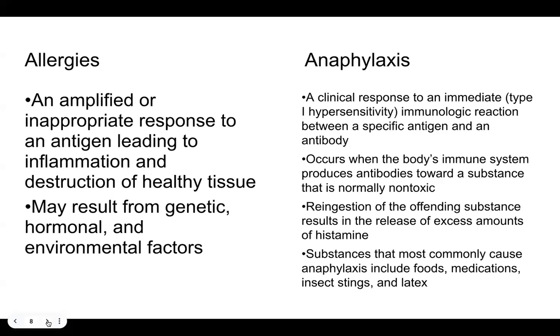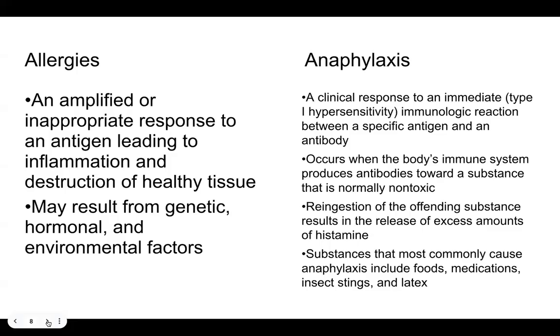Anaphylaxis is a clinical response to an immediate type of hypersensitivity, the immunologic reaction between a specific antigen and an antibody. That's basically what it is. It occurs when the body's immune system produces antibodies toward a substance that is normally non-toxic. Re-exposure to the offending substance results in the release of excess amounts of histamine.